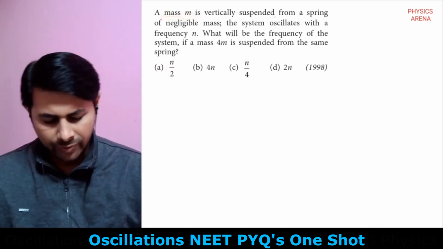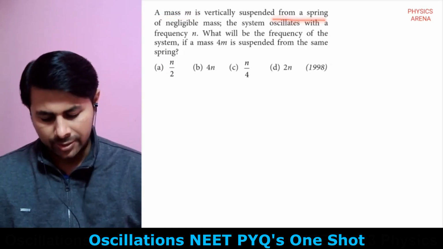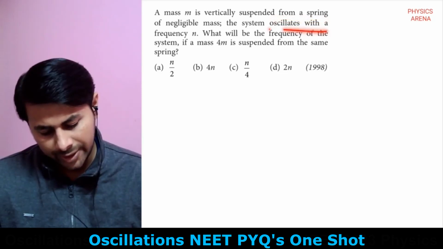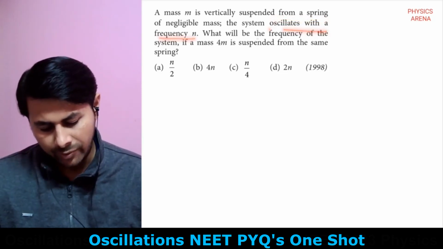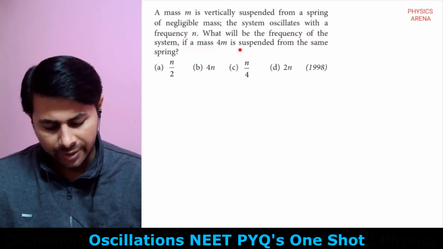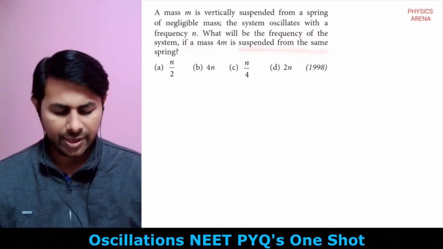Mass M is vertically suspended from a spring of negligible mass. The system oscillates with frequency n. What will be the frequency of the system if mass 4m is suspended from the same spring?